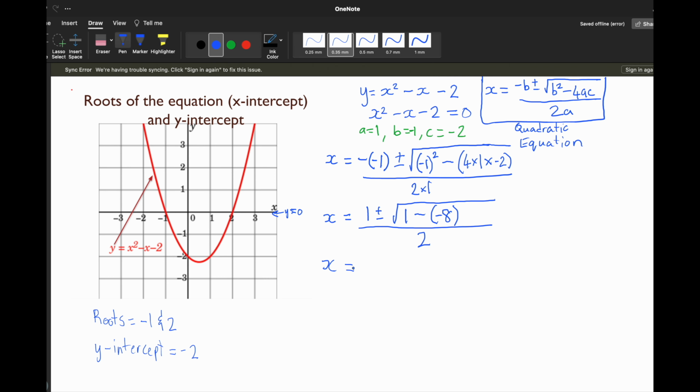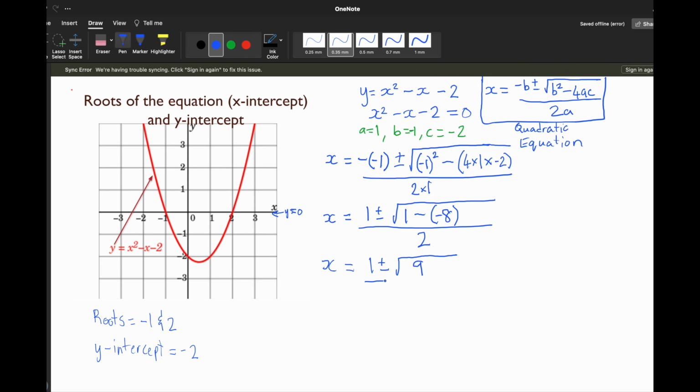So I'm going to say now 1, then I put back the plus or minus. Now I have to work out what's in this. So the square root of, I'm doing everything step by step so you could see. So 1 minus -8. If I put that in the calculator, 1 minus -8 is going to give me 9. So it gives me 9. Okay?